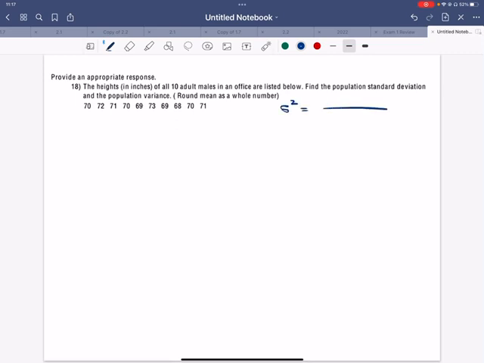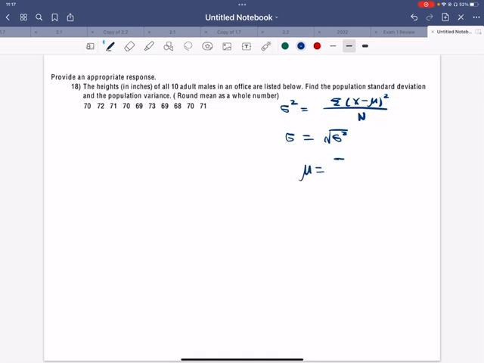Sigma square is the sum of x minus mu square over n, which means we need to know what mu is, right? Sigma is the square root of sigma square. That's no problem. However, we need the mean first.